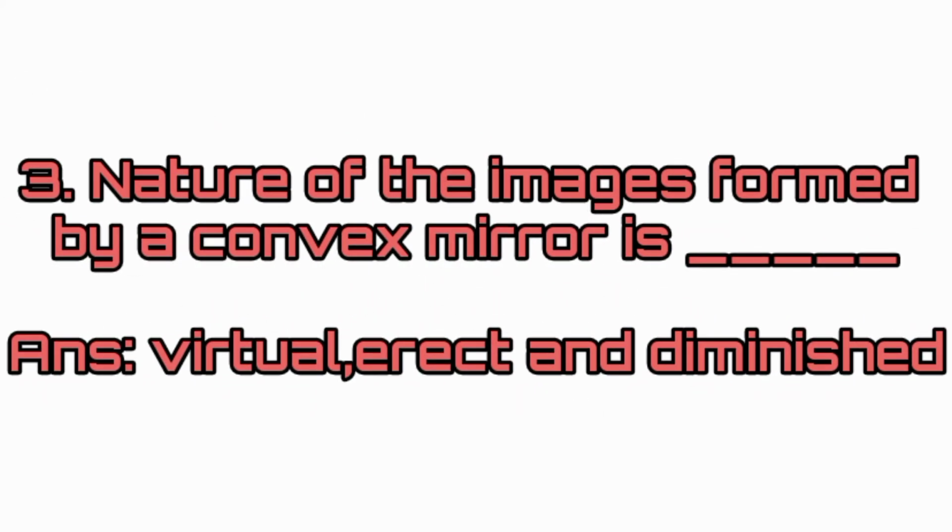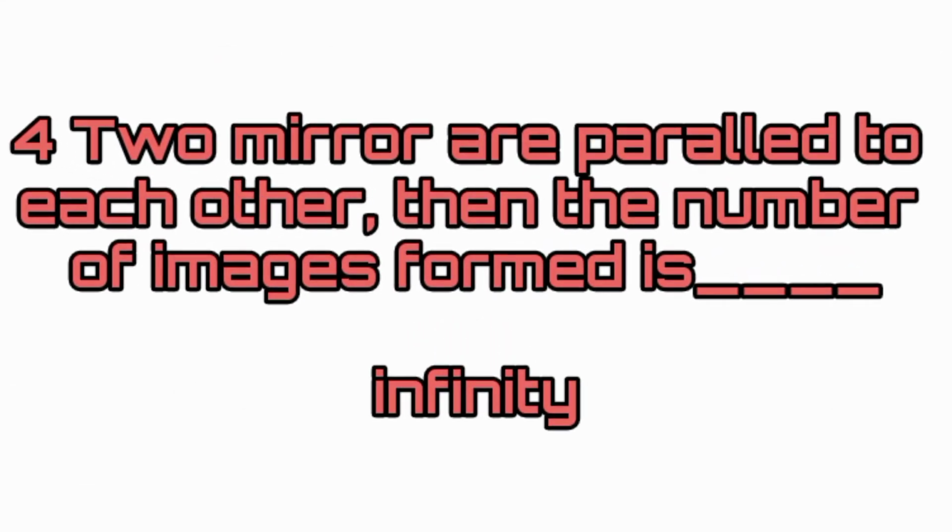Question number 3. Nature of the images formed by a convex mirror is dash. Answer virtual, erect and diminished. Question number 4. Two mirrors are parallel to each other, then the number of images formed is dash. Answer infinity.